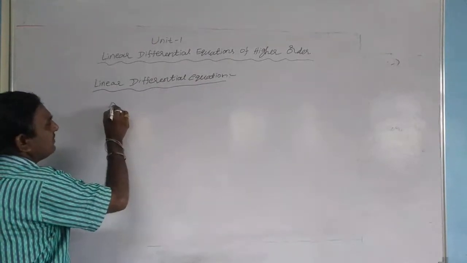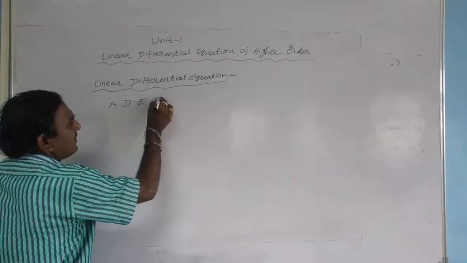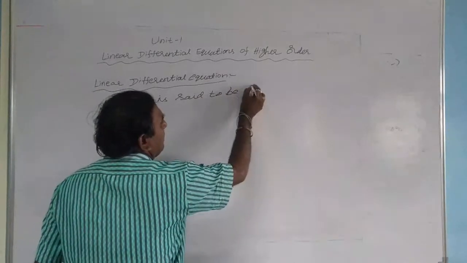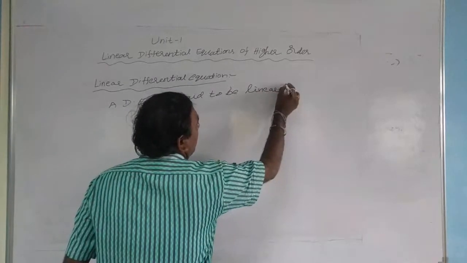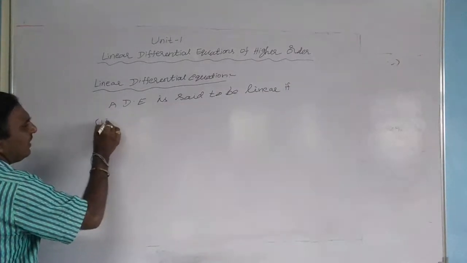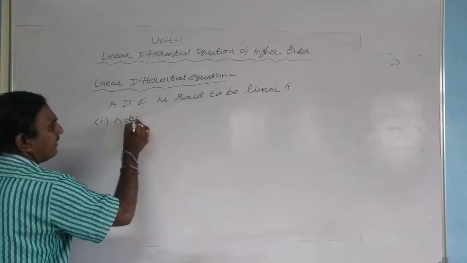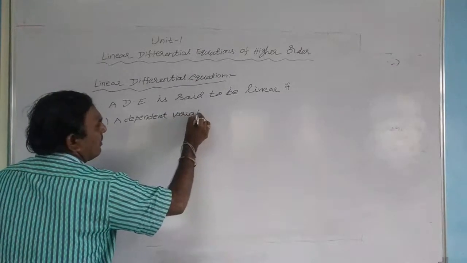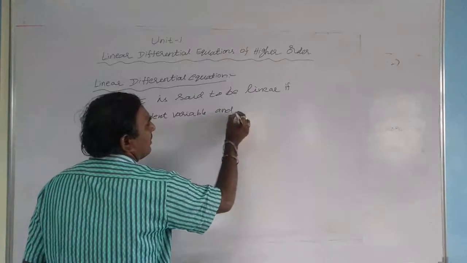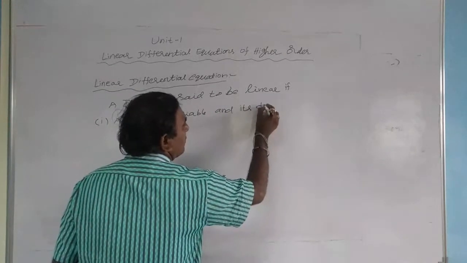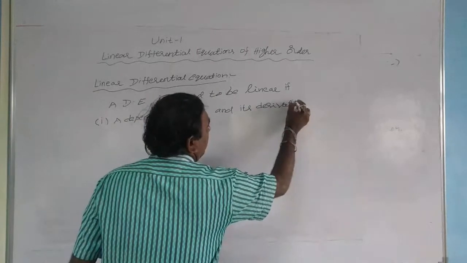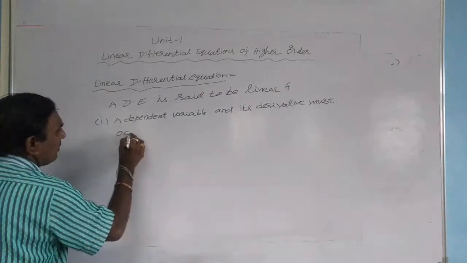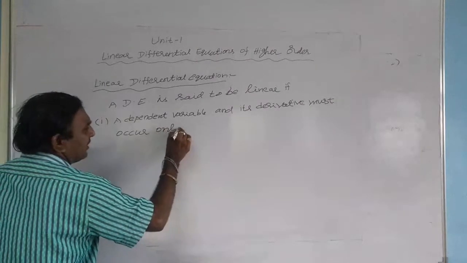A differential equation is said to be linear if, first point, the dependent variable and its derivative must occur only in the first degree.